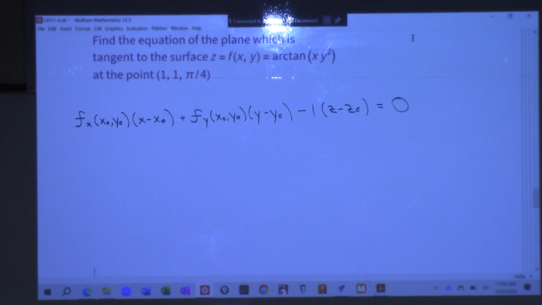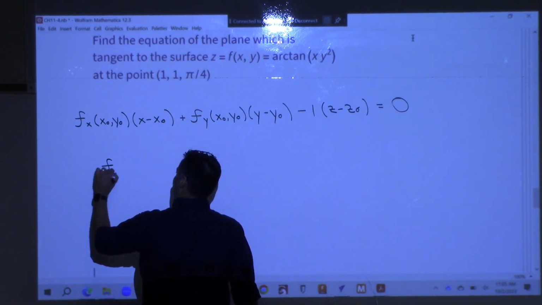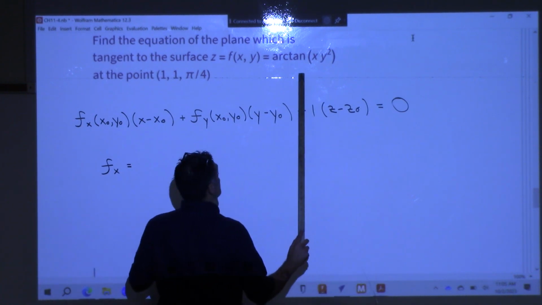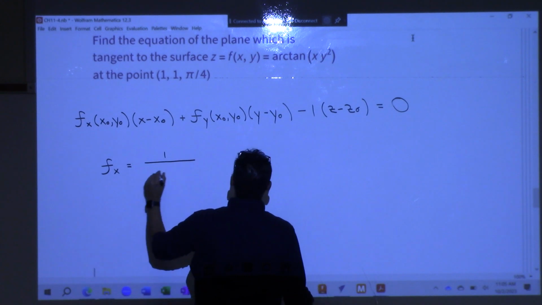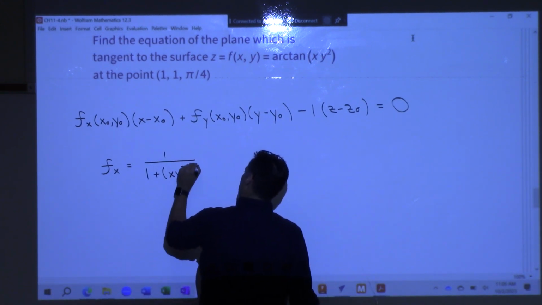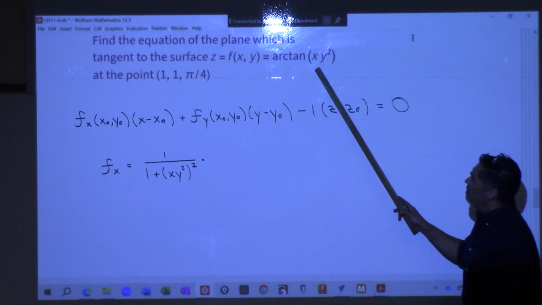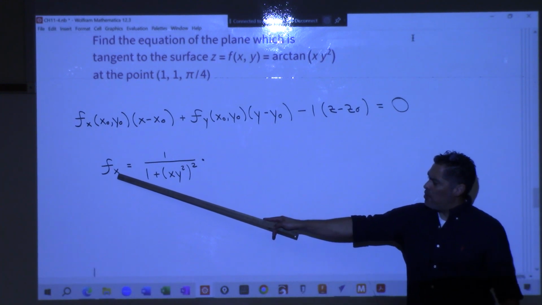So that's it. We need some partials. So here's our function. Let's take the partial of f with respect to x first. So the derivative of arctangent of anything is 1 over 1 plus whatever was there squared times the derivative of what's inside. Now, when we take the partial with respect to x, what variable are we holding as constant?